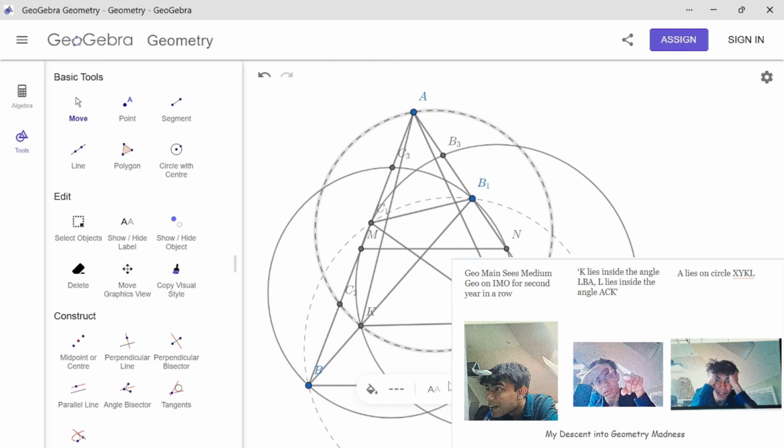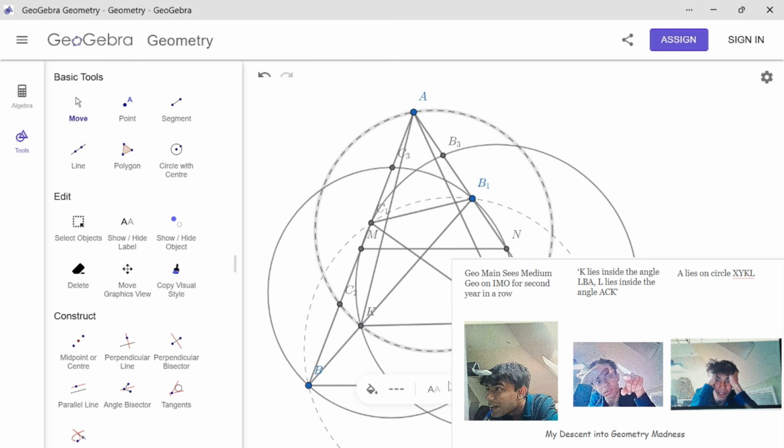So B1 has equal power to circles A, B2, C2, and C, C1, N. And K is where BB1 meets circle CC1M.